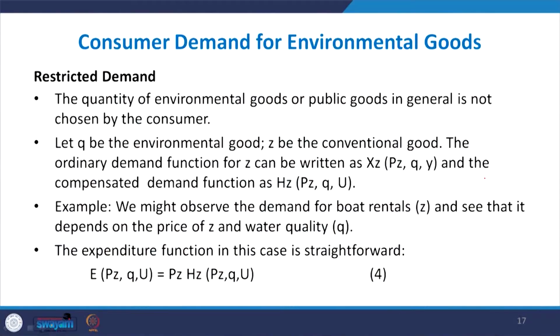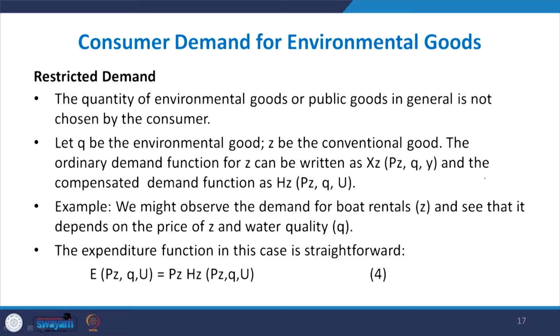Environmental product may be an improvement in the quality of the environment, etc. The quantity of an environmental good in general is not chosen by the consumer, because it is largely a public good. How much the air quality should be, an individual consumer cannot decide. Let Q be the environmental good, Z be the conventional good.